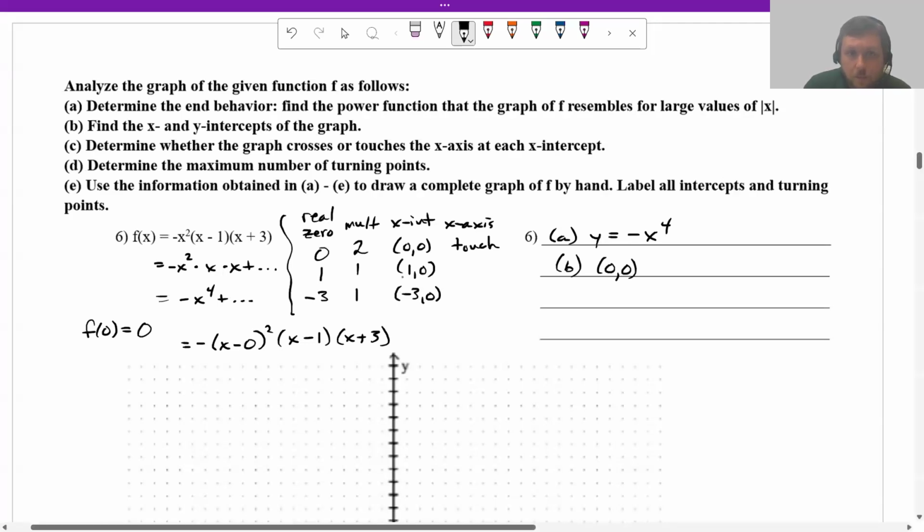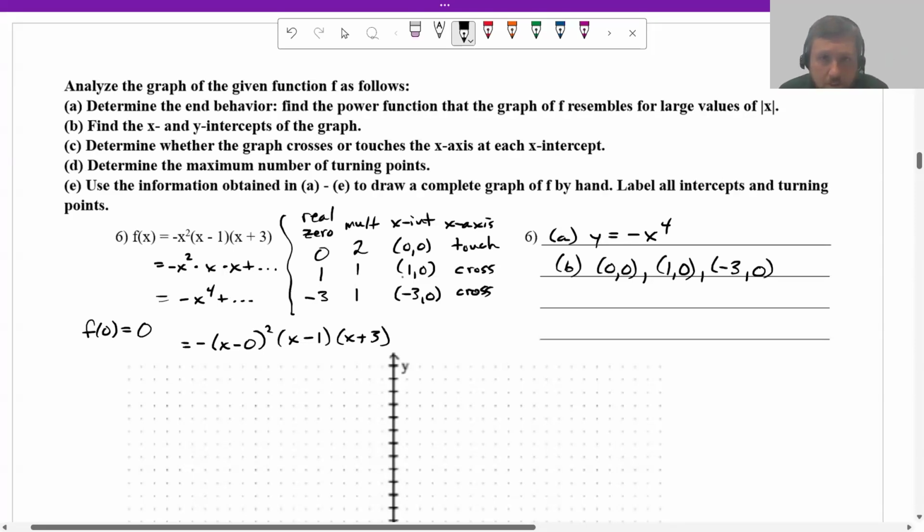Since the multiplicity is 1, they're going to cross. Okay, so the rest of my intercepts. I already have 0, 0 for my y-intercept, but it's both. I only need to list it once. All right, so there's part B completed, and we did a bunch of other stuff along the way.